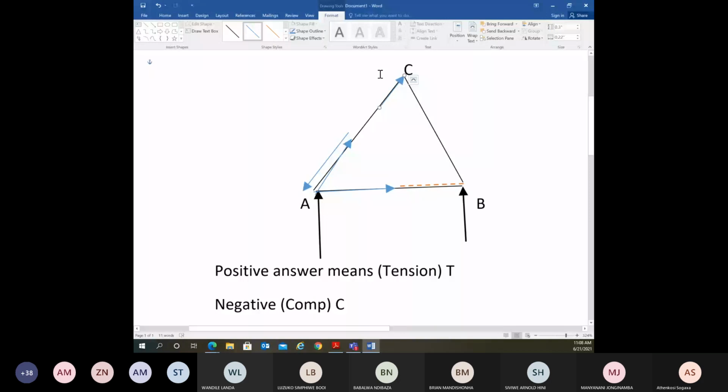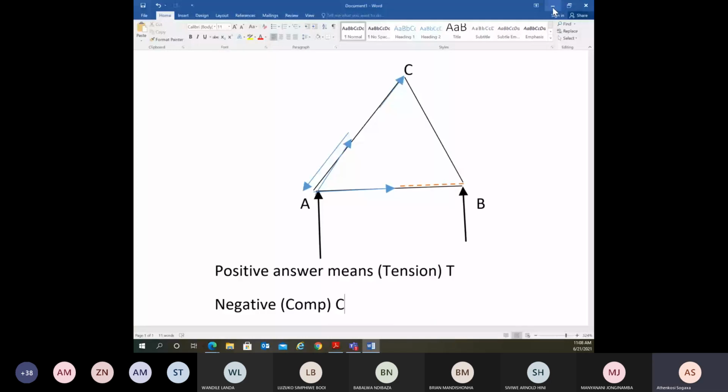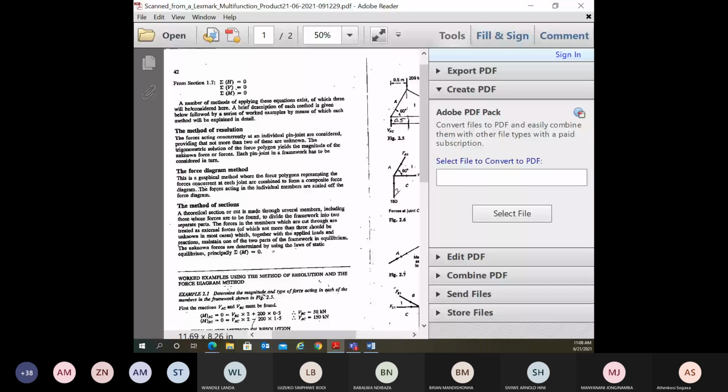Now, let's do this one. Here is another example. Determine the magnitude and the type of force acting in each of the members in the framework shown in figure 2.5.